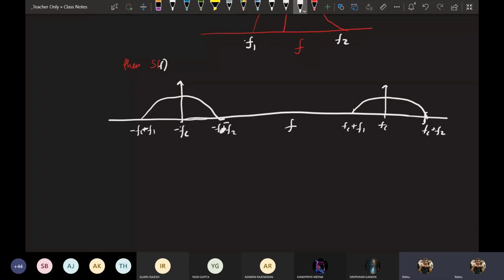Anyway, so continuing. So now we know how an AM signal behaves in the time domain and the frequency domain.